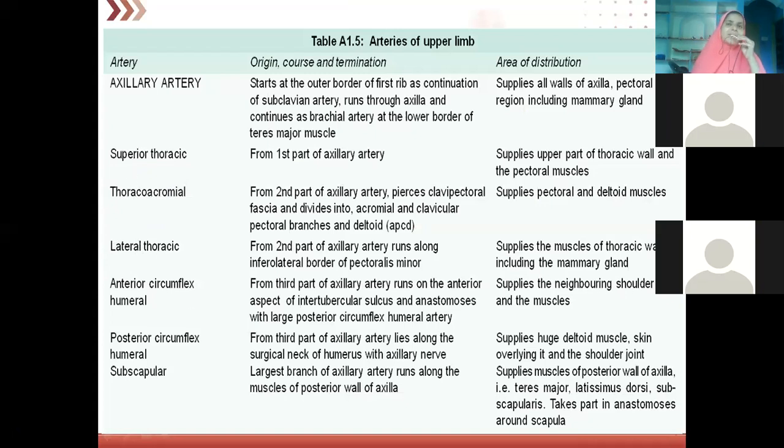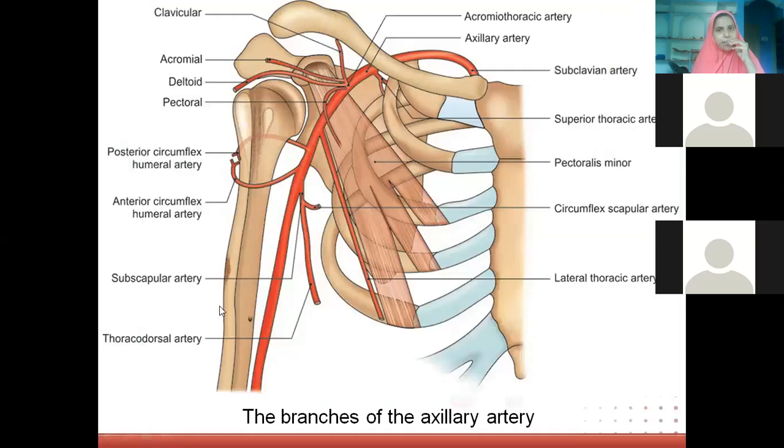So superior thoracic is the branch of the first part of the axillary artery. Acromiothoracic, or thoracoacromial, anything is fine. Acromiothoracic and lateral thoracic are the branches coming from the second part. In the third part we have anterior circumflex humeral, posterior circumflex humeral and subscapular. We will take the help of pictures so that we understand it better.